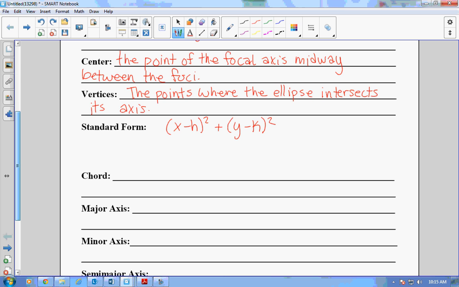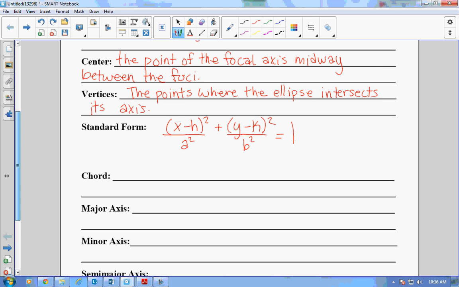The difference is the x binomial is divided by a squared, the y binomial is divided by b squared, and instead of equaling r squared, it equals 1, because there's not a constant radius on an ellipse. If you think of an oval, it's different than a circle. So if you see fractions, and there's an x squared and a y squared, it's not a circle, it's an ellipse.